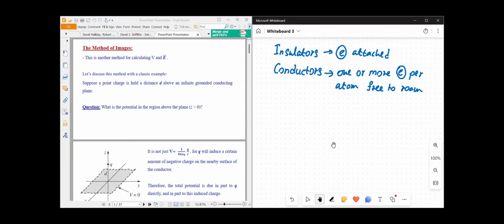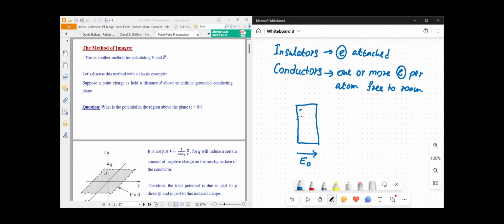Now, if I place the conductor in an electric field, so let's say there is an external electric field E0. With this external electric field, since there are one or more electrons per atom that are free to roam, what will happen to the electrons inside this conductor?